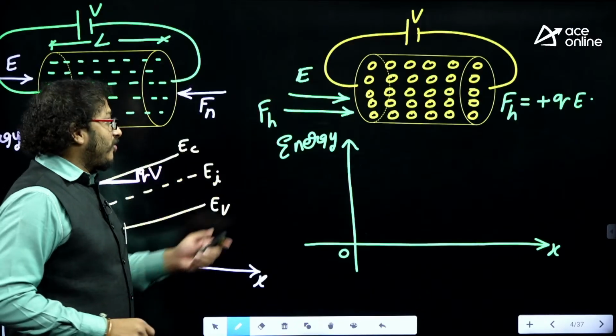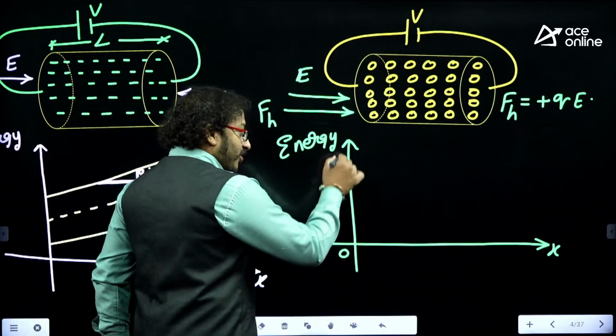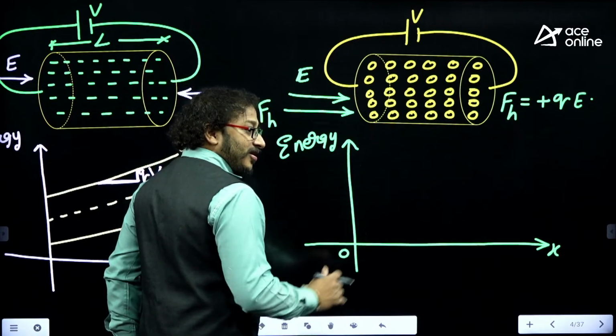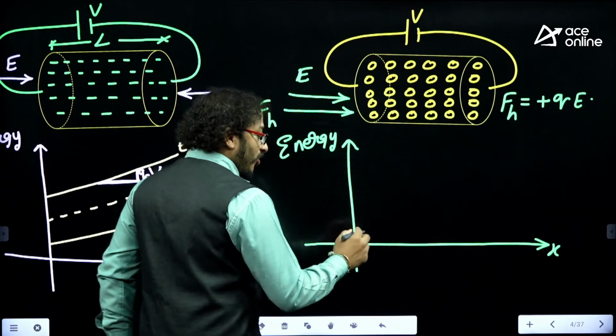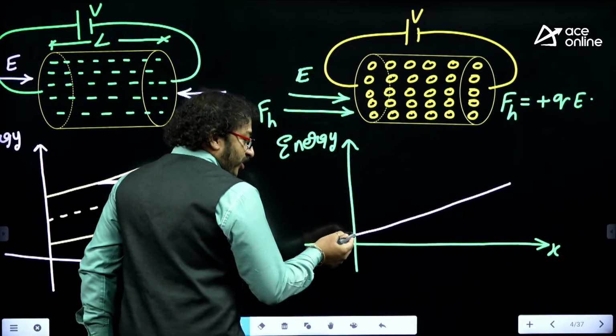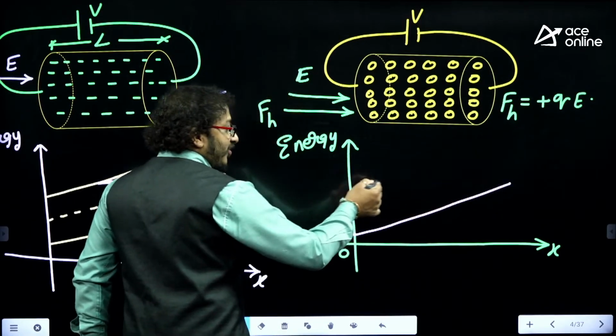Correct or not? So here on the left side the hole energy is very high, and when I'm moving towards the negative part of the y-axis the hole energy will be very small. That is why I need to draw the slope in this way. This is the place where hole energy is very high, and here the hole energy level is less.